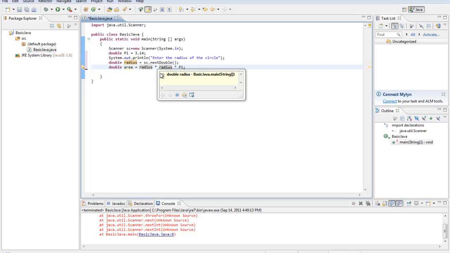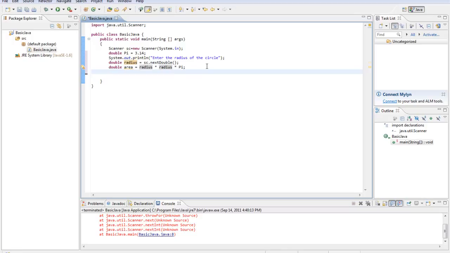Pi times r squared. So then we'll find the circumference of a circle, which will be double circumference equals 2 times radius times pi. Alright, so that's the equation for the circumference of a circle.